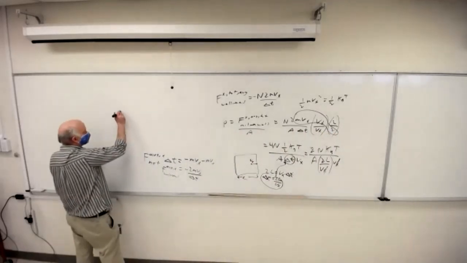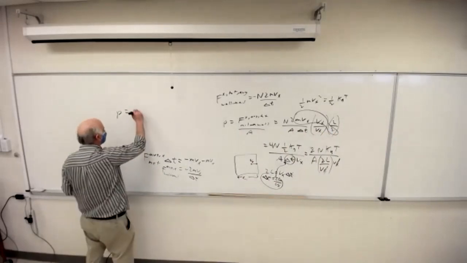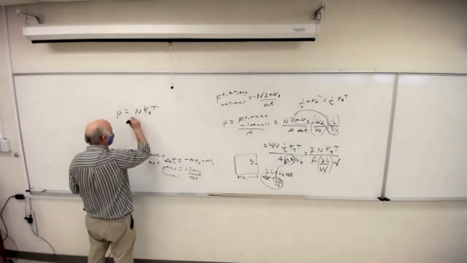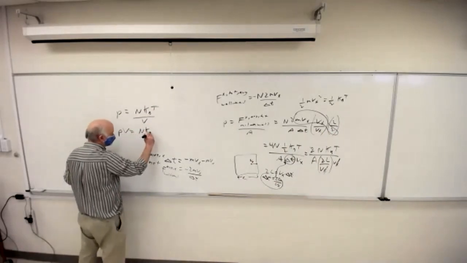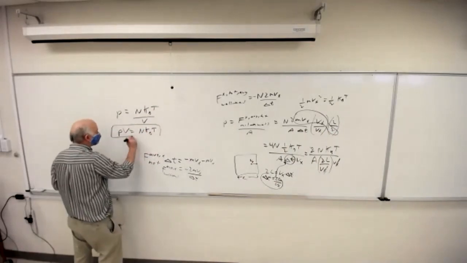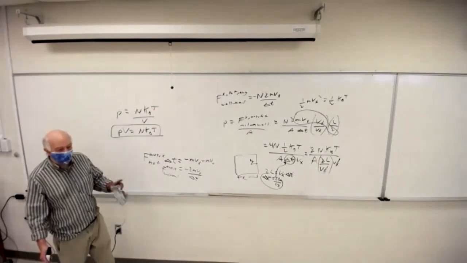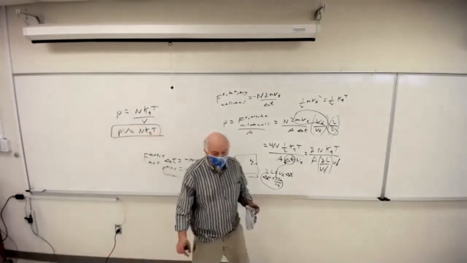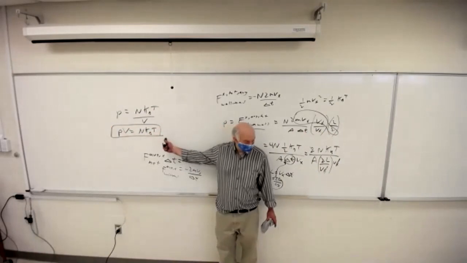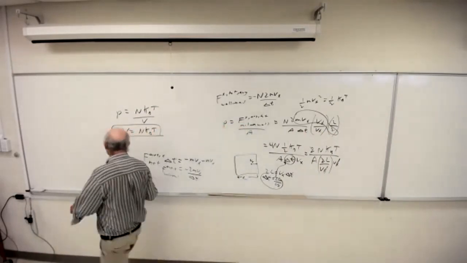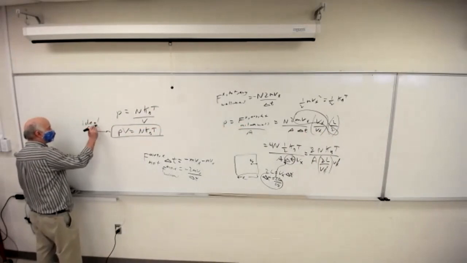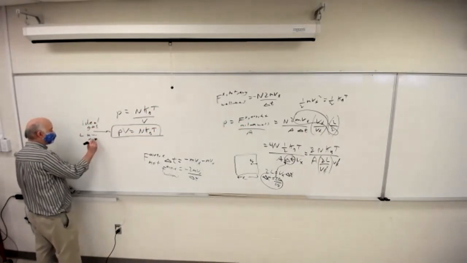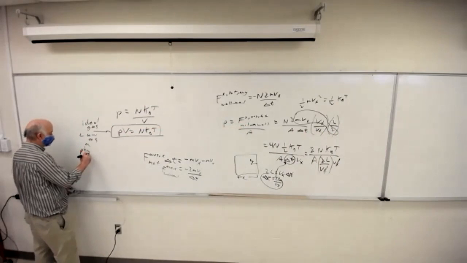So that gave us the pressure is N kBT over V. And so this gives us PV equals NkBT. This right here is how, if you ask a physicist for the ideal gas law, they'll always give you this. This is how you write it in physics. This is the ideal gas law as a physicist writes it.